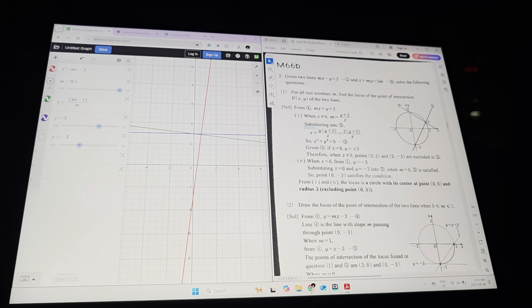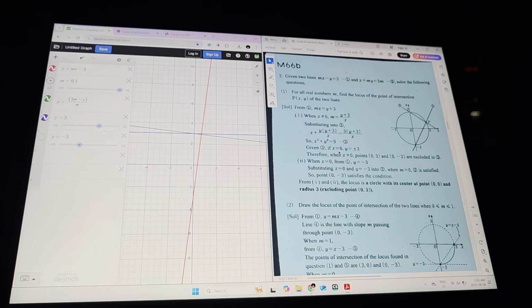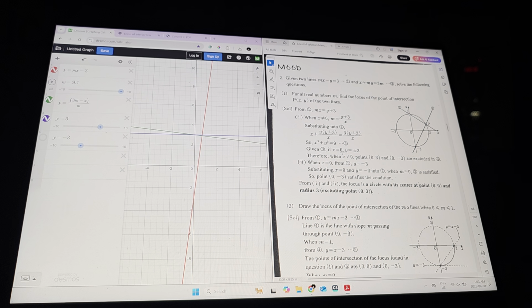In this case, it's contradicting our fraction equation over here. Basically, it means that if x is equal to 0, because in equation number 3, x squared plus y squared is equal to 9, I'm able to tell that y is definitely going to be positive or negative 3.